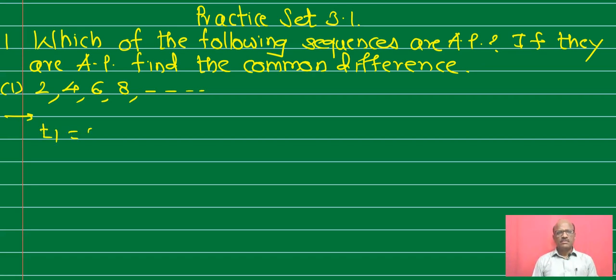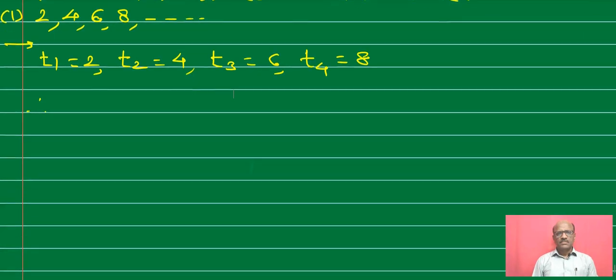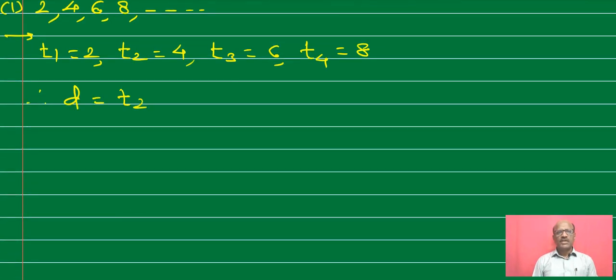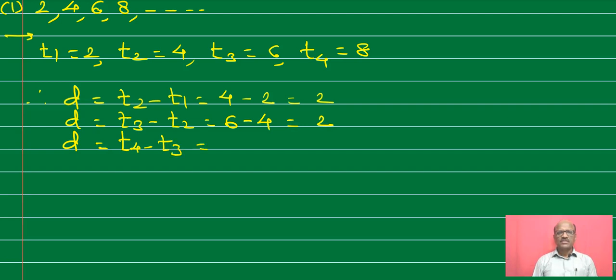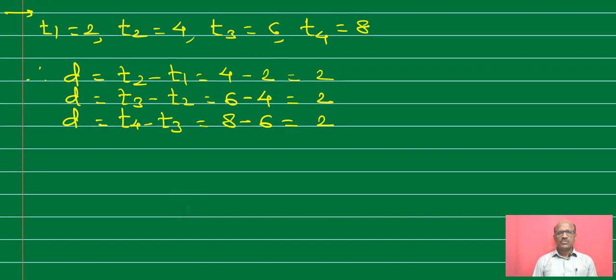Now here T1 is 2, T2 is 4, T3 is 6, T4 is 8. Now D is equal to T2 minus T1, 4 minus 2, that is 2. D is equal to T3 minus T2, 6 minus 4, that is 2. D is equal to T4 minus T3, that is 8 minus 6 is equal to 2.